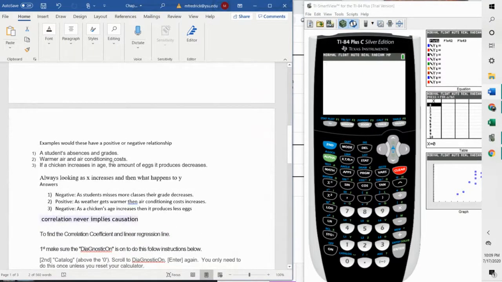And then a student's absences and their grade, well, you always look at the x value increasing. So as your absences increase, your grade would decrease. So that would make it a negative relationship.